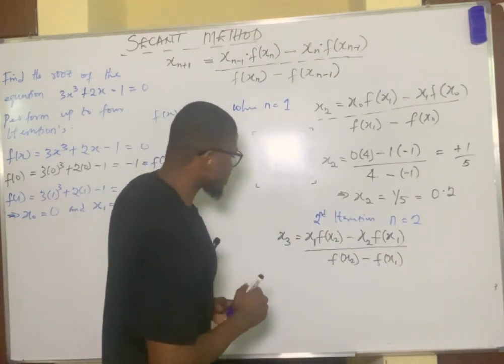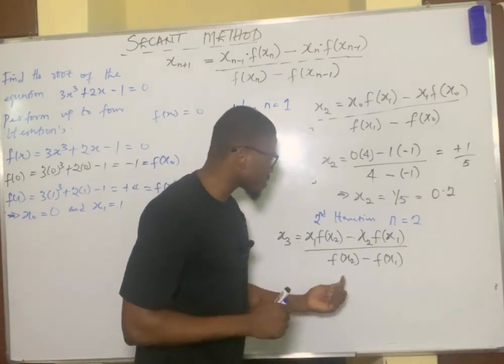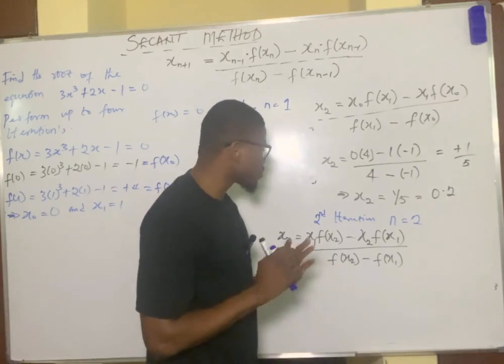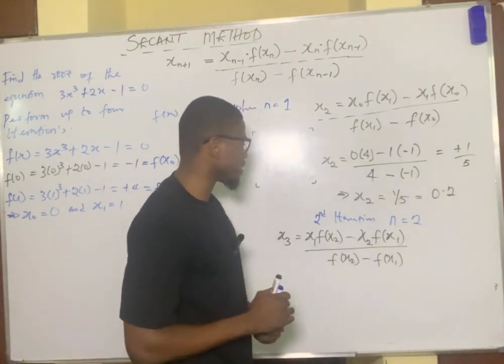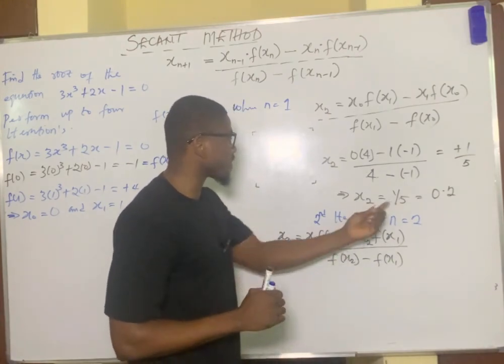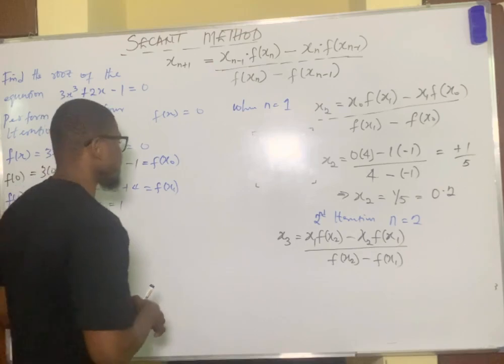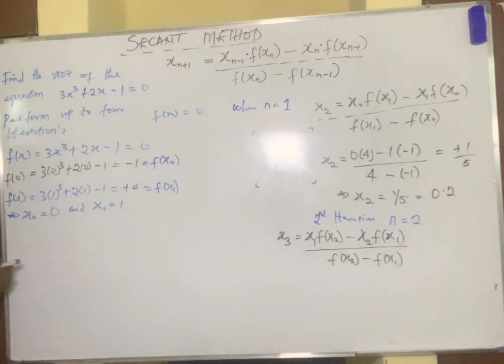So we know what x1 is, we know what x2 is, so all we need to find now is f of x2, because we know what f of x1 is. So we simply plug in the value of x2 into the function to obtain f of x2. So f of x2 is going to be equal to, into the function, x2 there is 1 over 5, which is 0.2.